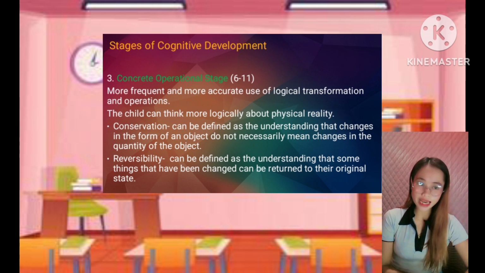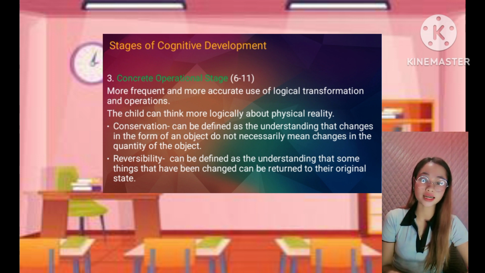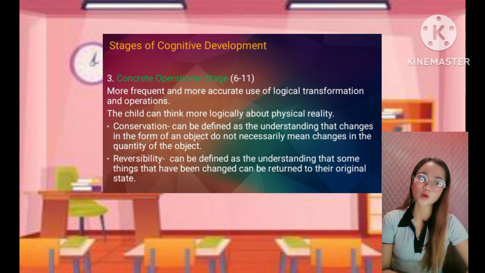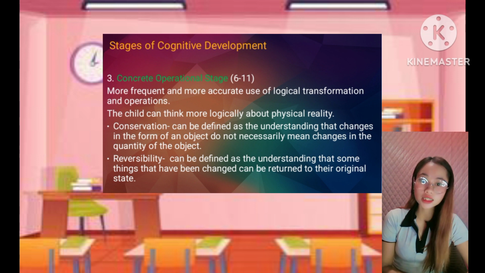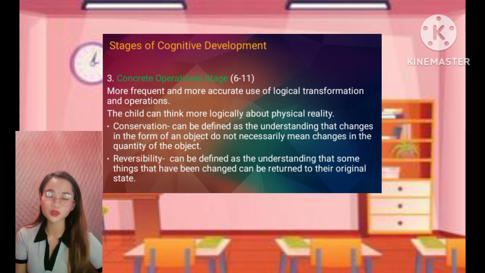At this stage, children are starting to develop logical thinking and are capable of operations, for example basic mathematical operations like 1 plus 1, 2 plus 2, and it makes sense. At this stage, children also appreciate magic, because it happens when it is logically not supposed to happen.